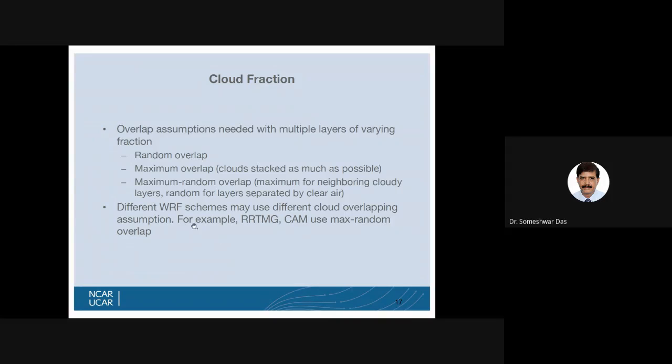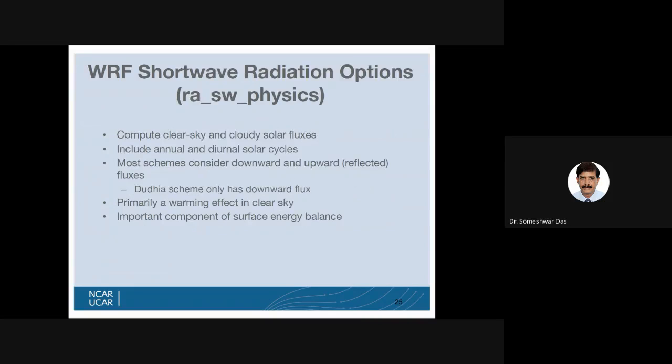Different WRF schemes may use different cloud overlapping assumptions. For example, RRTMG can use maximum-random overlap. Okay, so it depends upon which scheme we are going to choose. So that was about the long wave radiation parameterization schemes available in the WRF model.